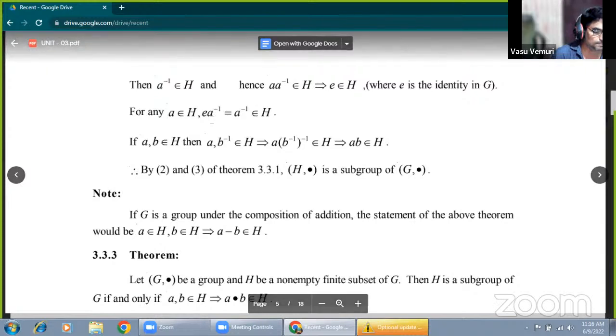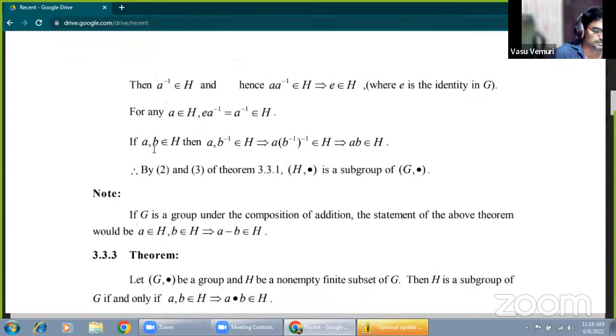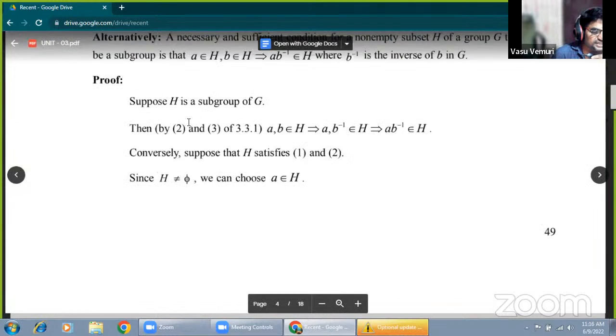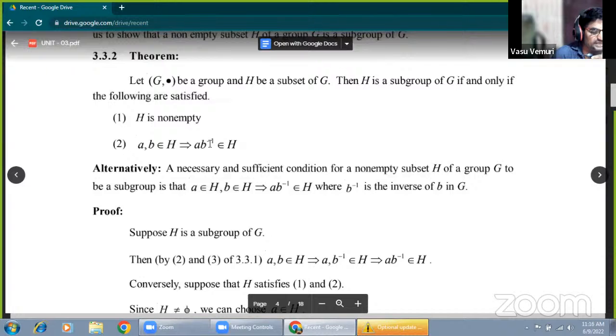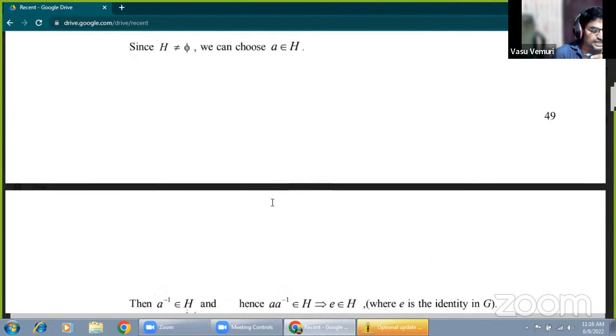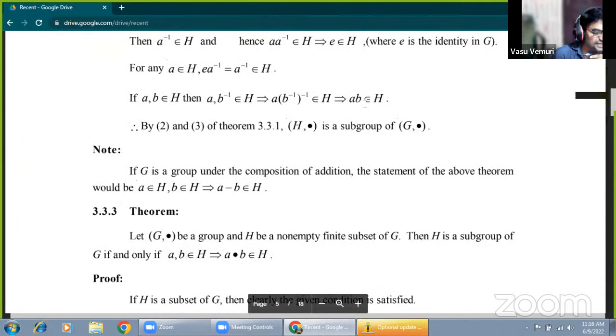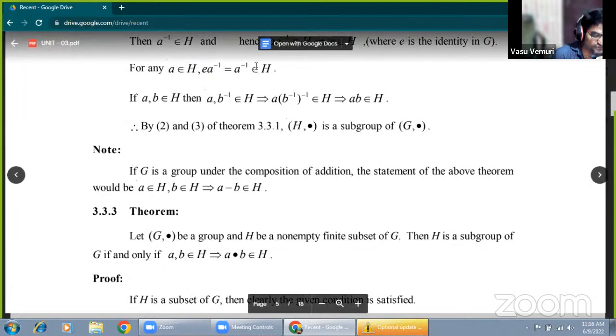Finally, last but not least, this condition is also verified here. A, B belongs to H, and A, B must be non-zero elements. Therefore, B inverse belongs to H. Now replace B by B inverse in the second condition. Therefore, B inverse whole inverse, so the closure condition is also verified here. A B belongs to H. All the postulates are verified using these two conditions.